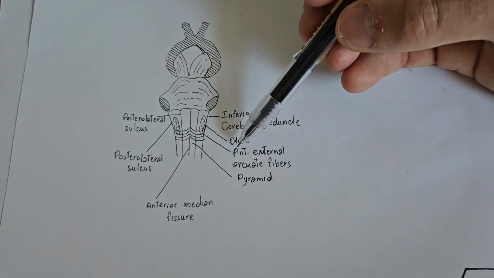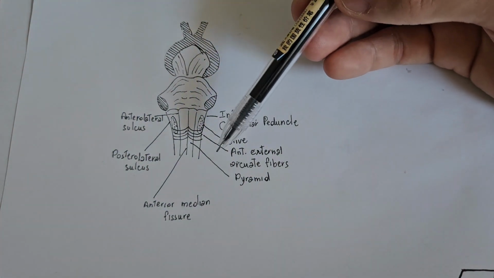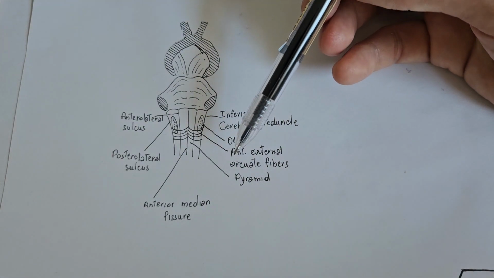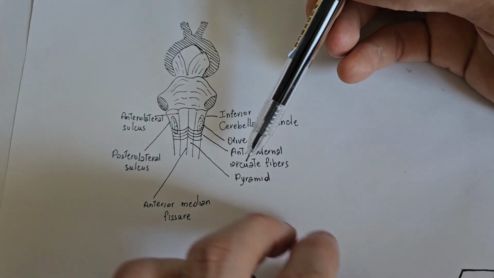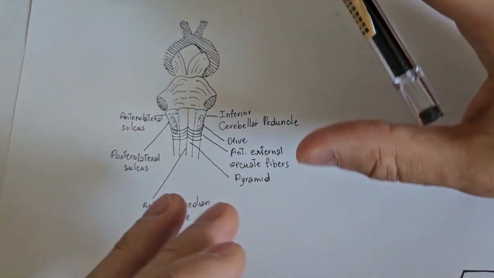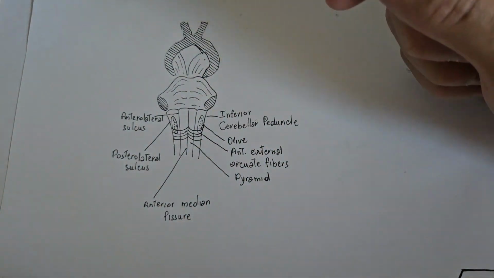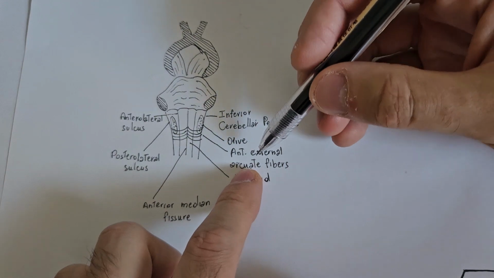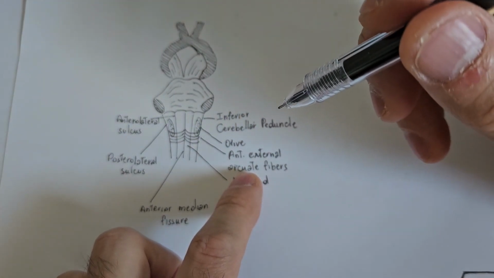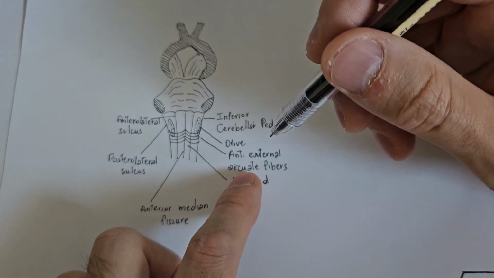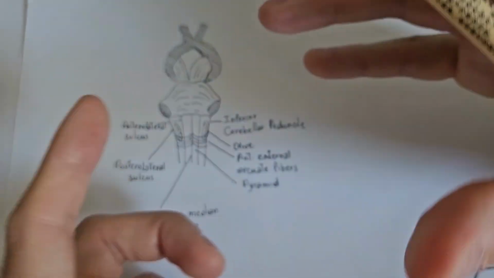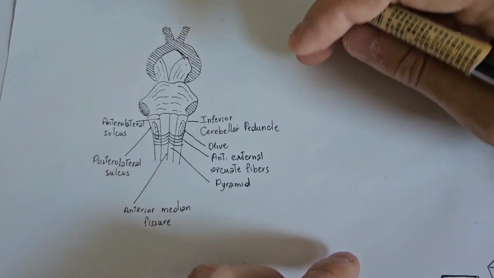So yeah, basically these fibers run across the surface of the olive, and they form a curved pathway that crosses over the olive, connecting different regions of the brainstem. And they will be important, guys, because they will help with motor coordination, and they will also be essential for the integration of sensory and motor signals.